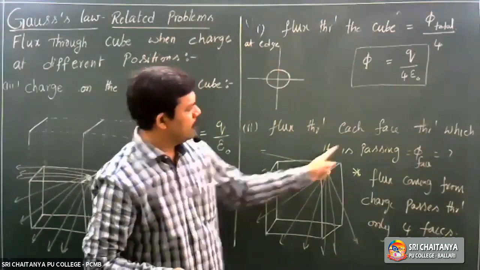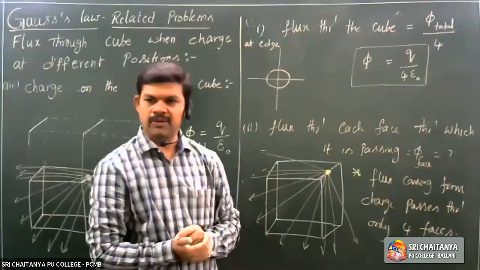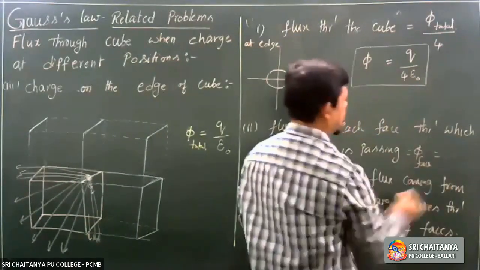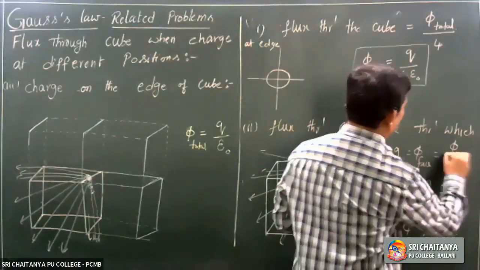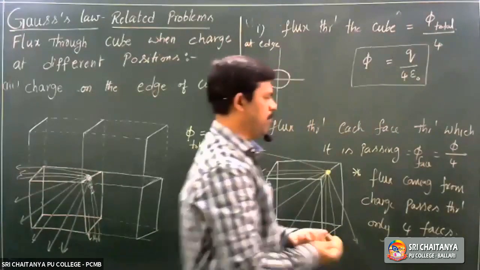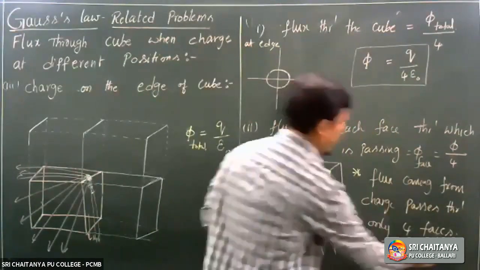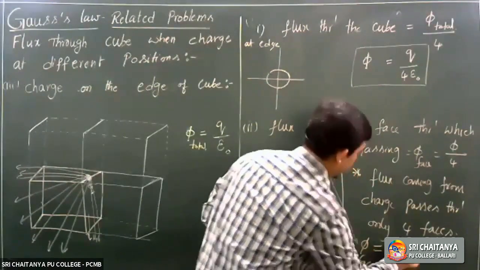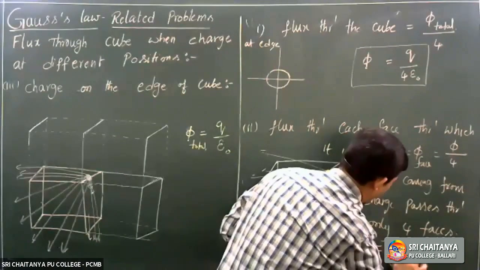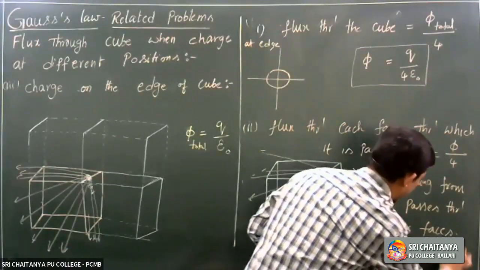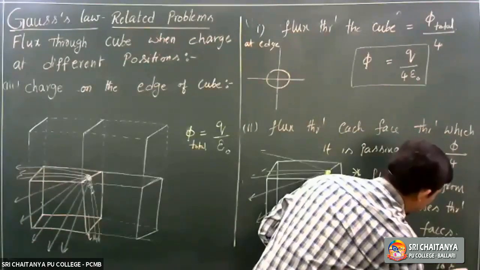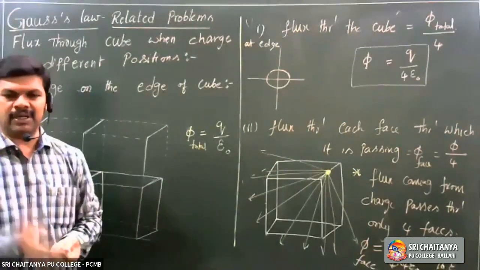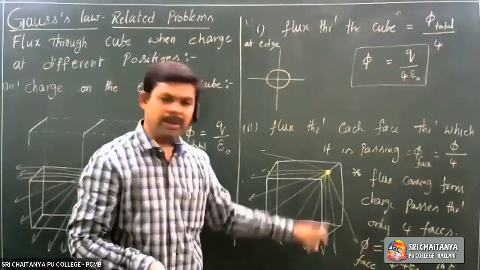Then what is the flux passing through each face? Can I write like this? Phi by 4, phi by 4. Right? So what is the answer? Q by 4 into 4 epsilon naught, Q by 16 epsilon naught. This is very important to remember.